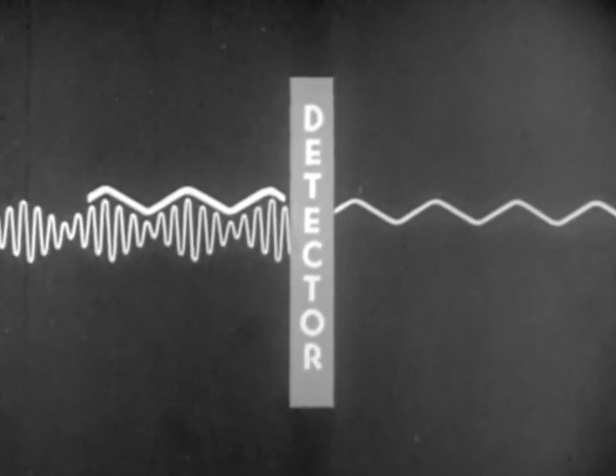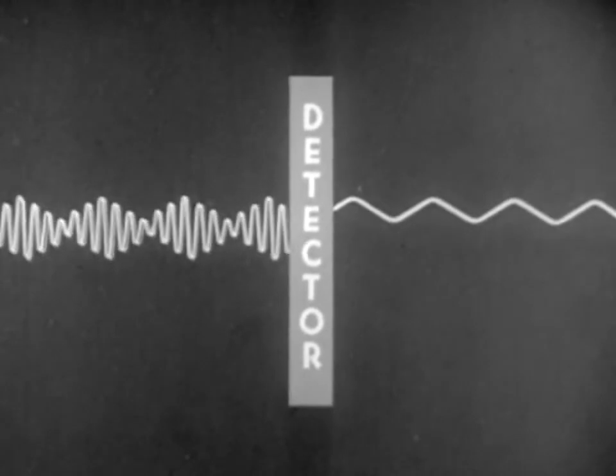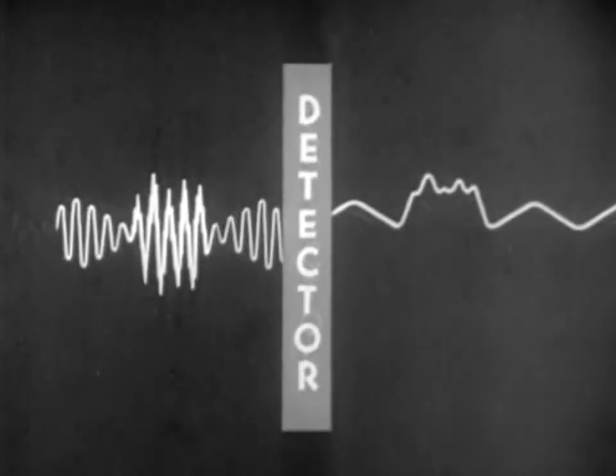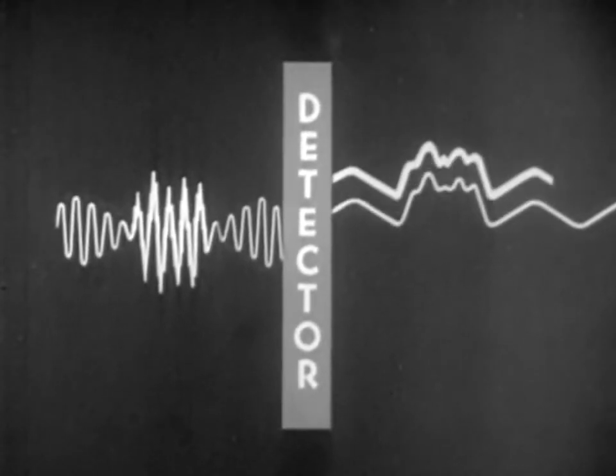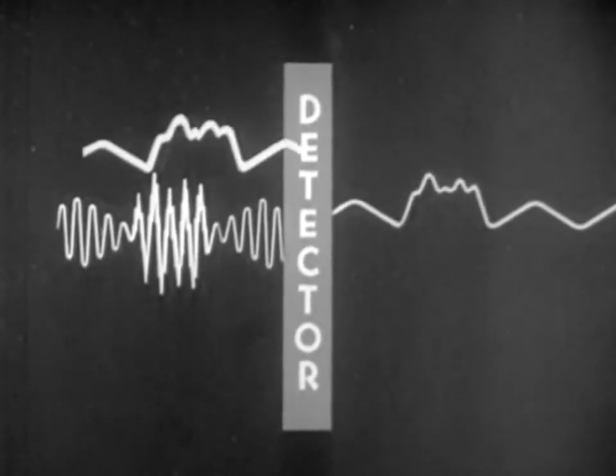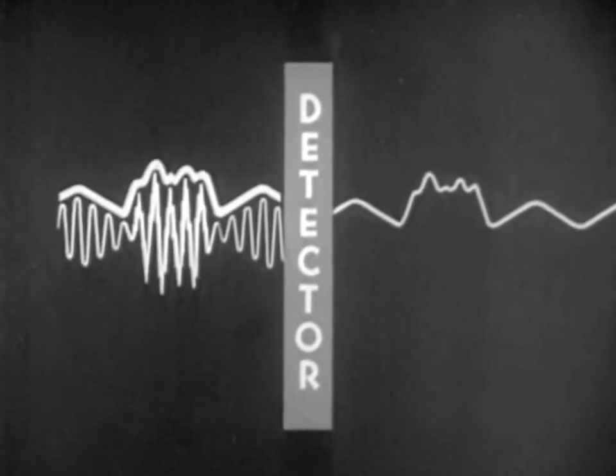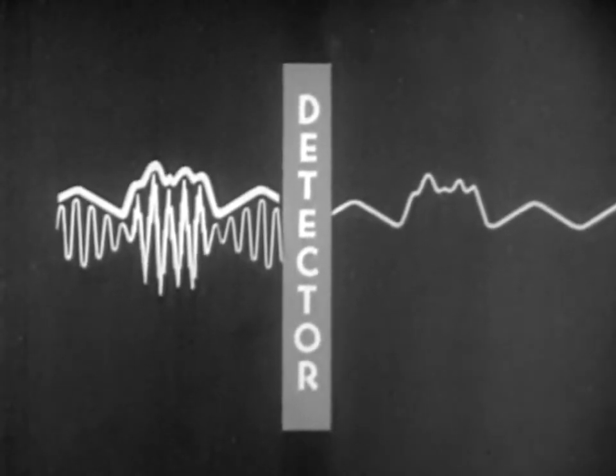Feed it an RF signal that has been hashed up by interference, and the audio signal will contain an accurate reproduction of that same interference. The audio signal mirrors the interfered RF signal fed into the detector. There you have a major disadvantage of AM radio. It is unable to separate the intelligence from the hash and static that appear when conditions are unfavorable.